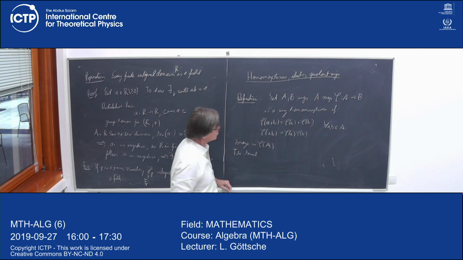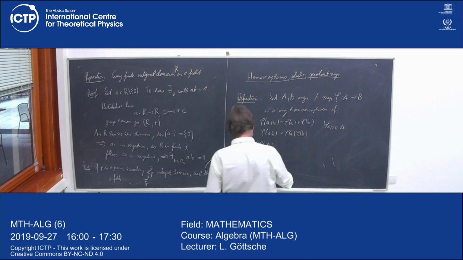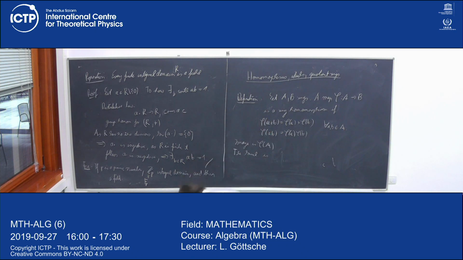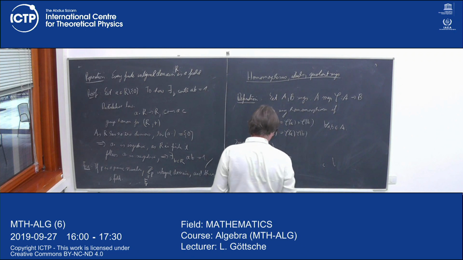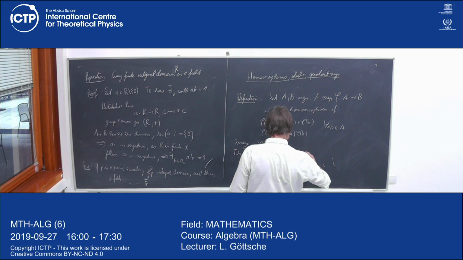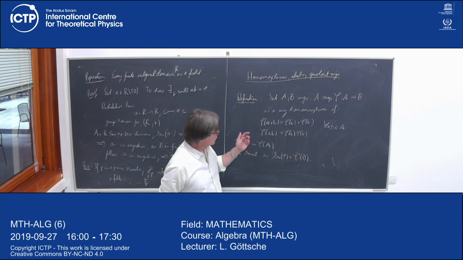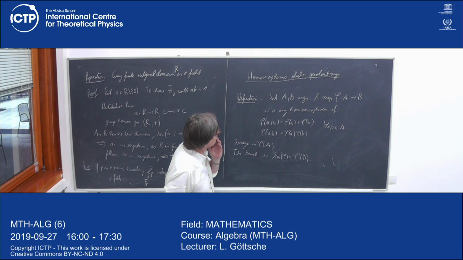Here one could think there are two choices, but we have here one distinguished element 0, and it's the inverse image of that. So the kernel of phi is phi to the minus 1 of 0. If A was a ring with 1, one could think of taking the inverse image of 1, but that's not a good idea.